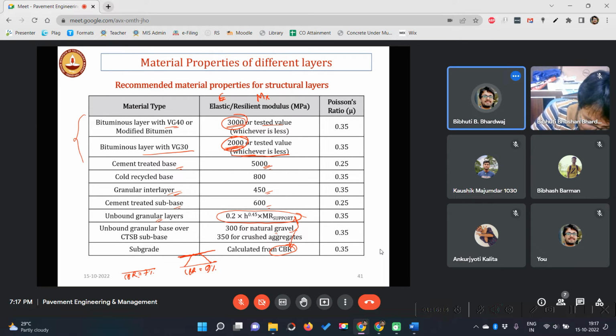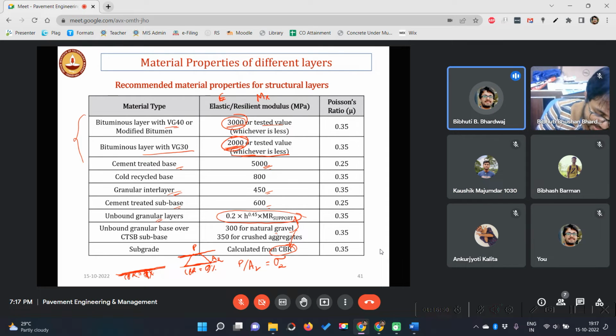So once it reaches this, say area is, load is same P. Okay, here P. Now this area is say A2. So P by A2 will be something. So this is stress. Okay. So here also you want to have the same stress. Or it should be even lower because the CBR is less.